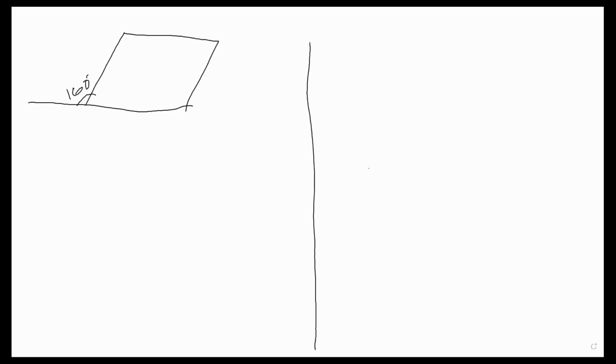60 degree. We have these angles here to be W, X, Y, and Z. Now, something I forgot to put in that diagram is the fact that this line here is parallel to this line, and also the line here is parallel to this line here.